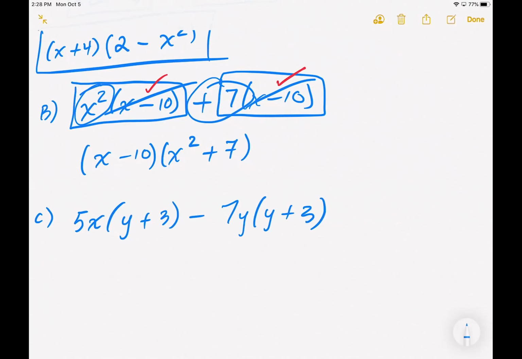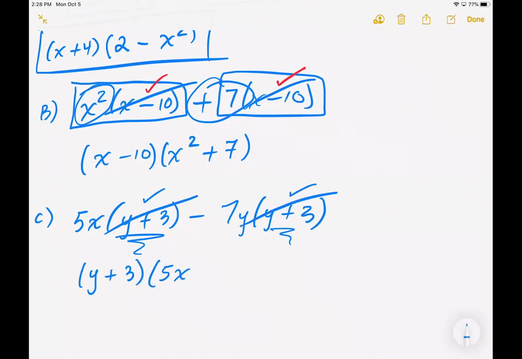I don't distribute anything in. Do I have anything in common? Hopefully you see that the y plus 3 and the y plus 3 are the common item, the same. What do we do? We bring the y plus 3 on the outside. And if I bring the y plus 3 out, I have 5x minus 7y left, and that is our answer.